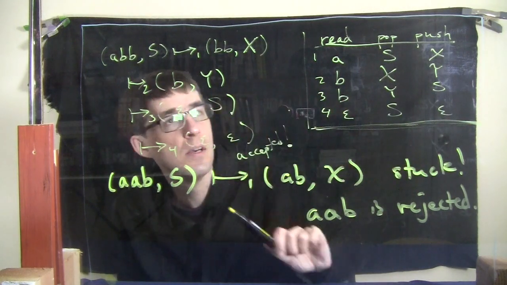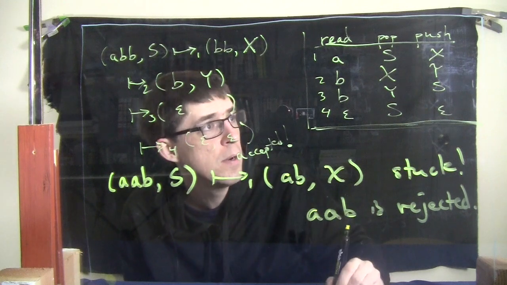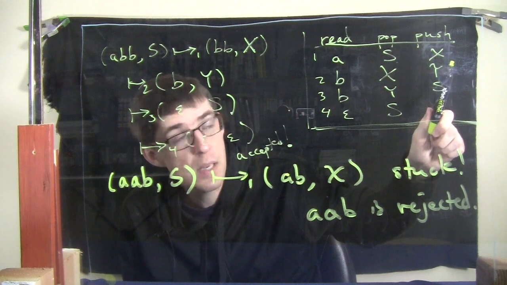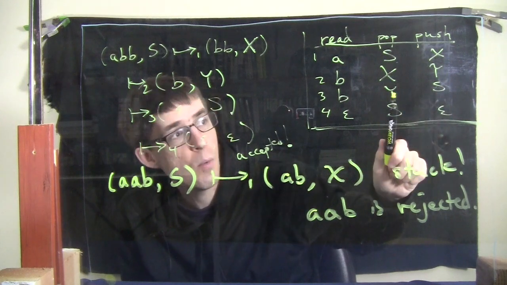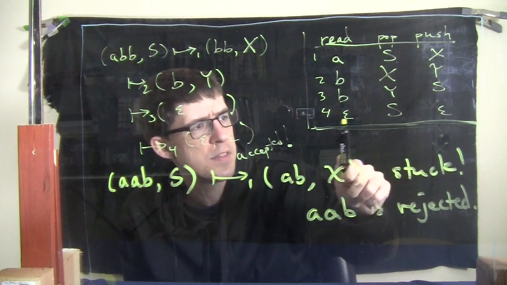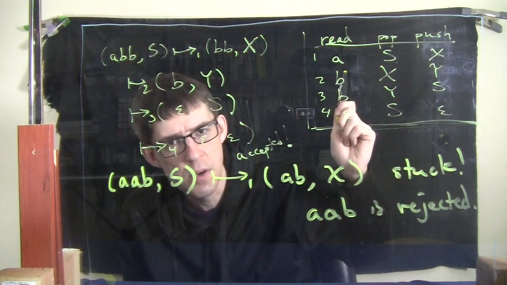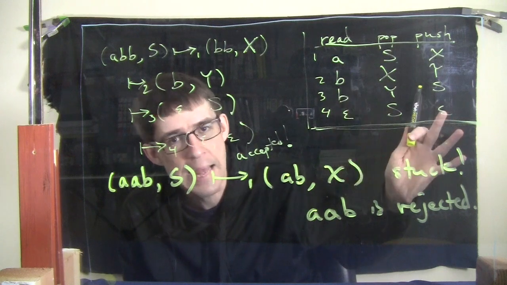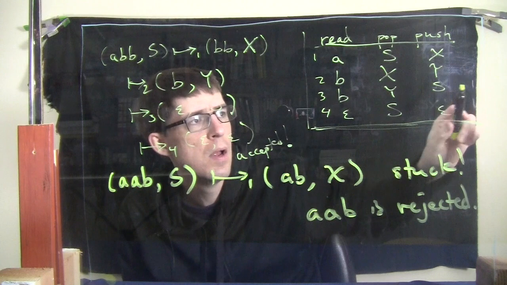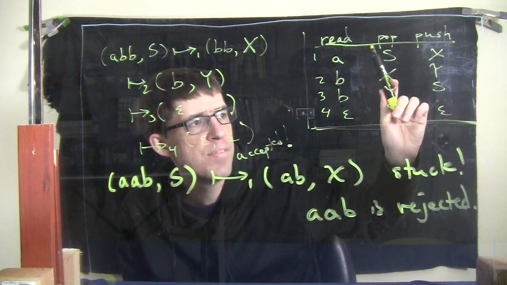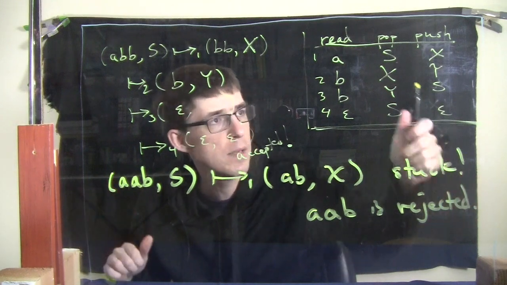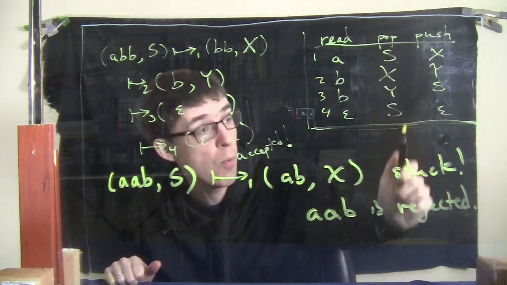It begins with an S, which is a single letter, and then you can replace the S by an X. If it had an X, you can replace it with a Y. If it had a Y, you can replace it with an S. And then I think of this as kind of a special rule: if it's just an S, you can throw it away and then end immediately. But thinking about these three rules, the stack in this particular example can never become long, right? It's just S or X or Y.